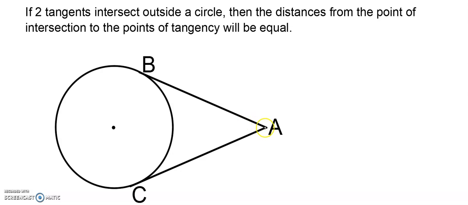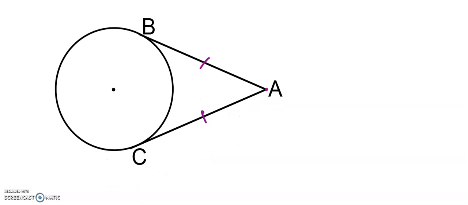So I've got two tangents, tangent AB and tangent AC. Since these two tangents intersect at this point A, I know the distance from A to B will be equal to the distance from A to C. Right? I can always assume that. Now, using that idea, I could do problems that look like this.